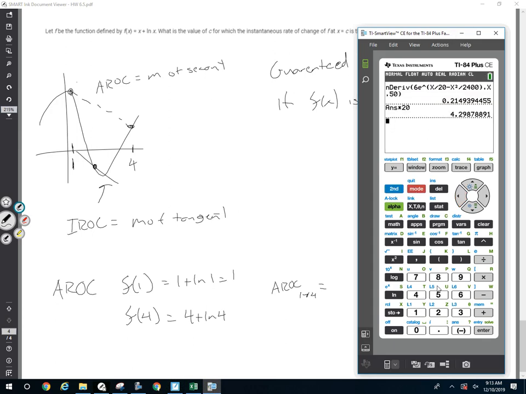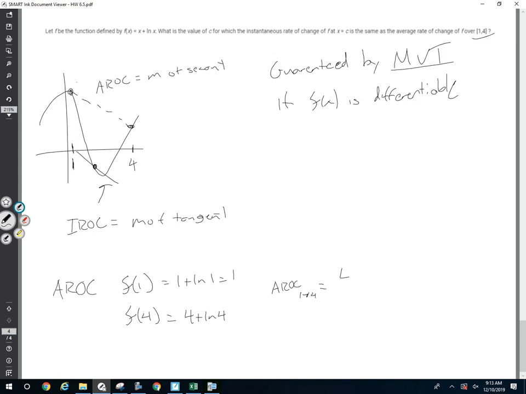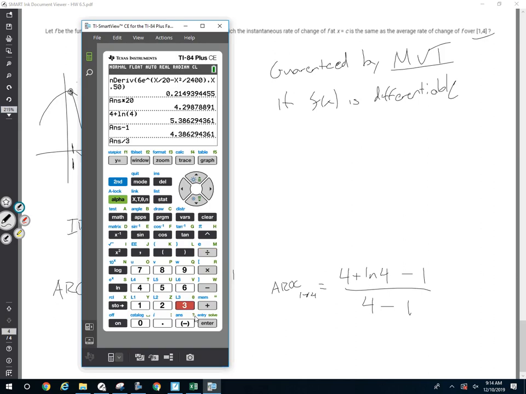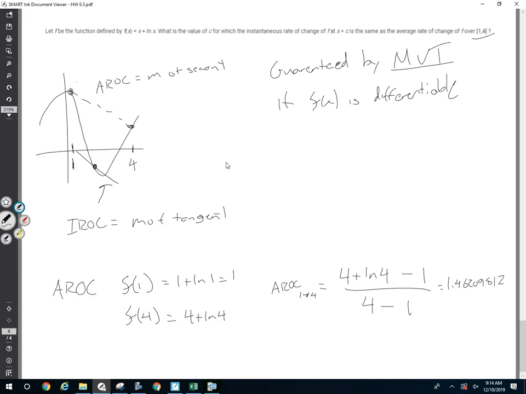I'll write it down: 4 plus log 4 minus 1, divided by 3. Okay, let's just calculate that value. 1.462. I'm going to write out all the decimals. That way I find the exact location. You don't round until you get a final answer in this class, okay?